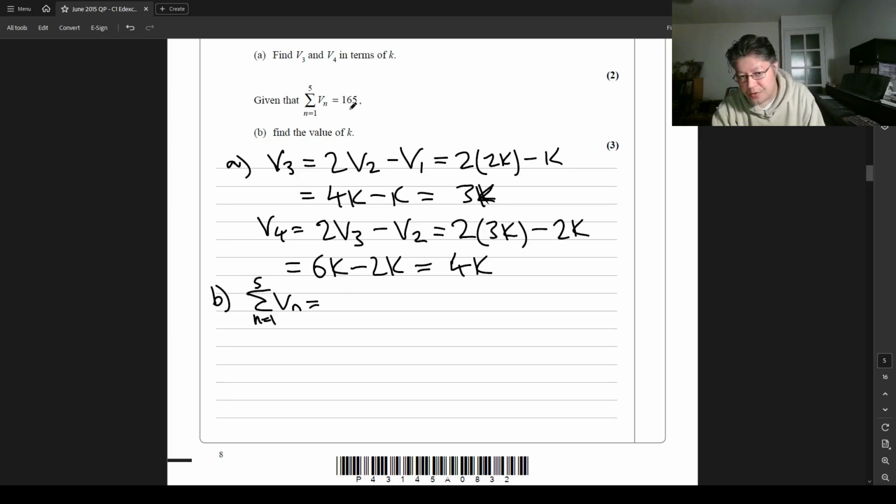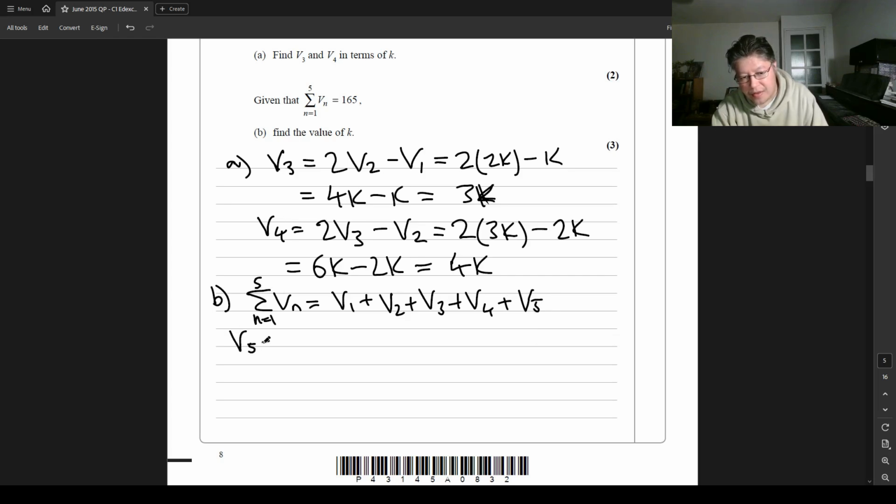We're told it equals 165, and we're going to use that to work out k. This is shorthand for v1 plus v2 plus v3 plus v4 plus v5. So we already have up to v4. We just have to work out v5 first of all. So let's do that first.